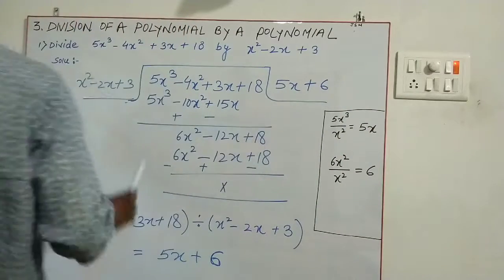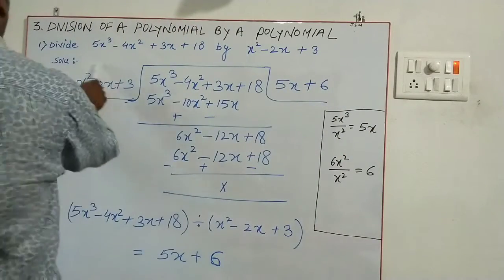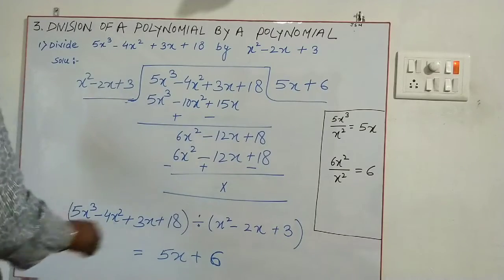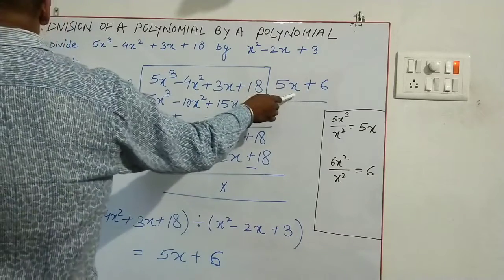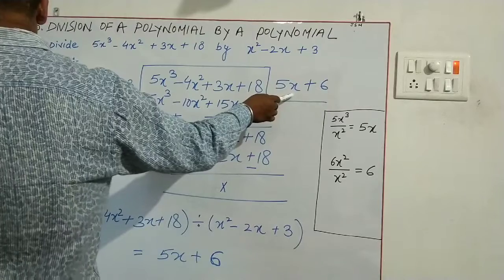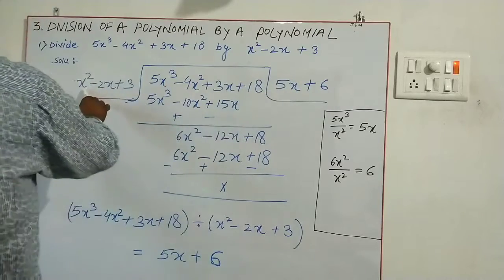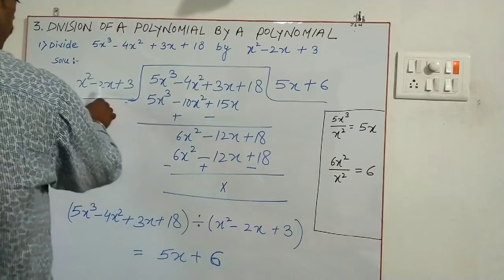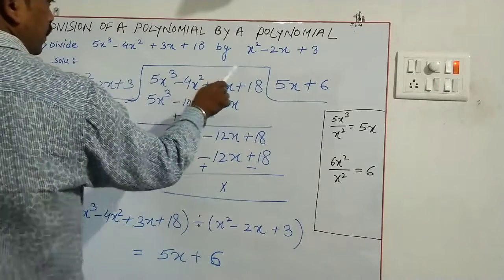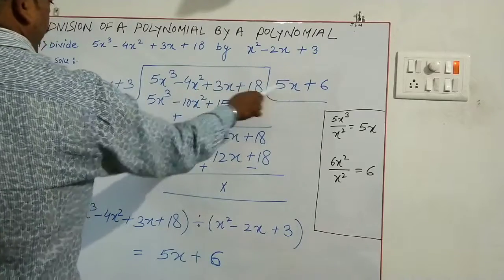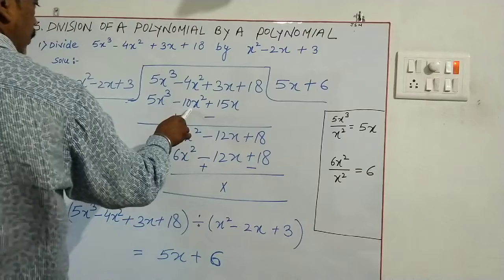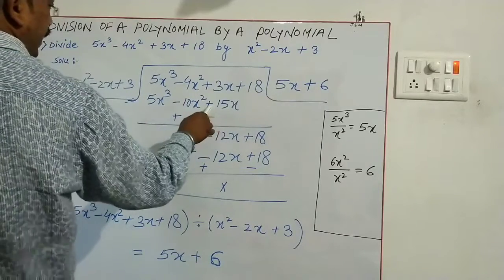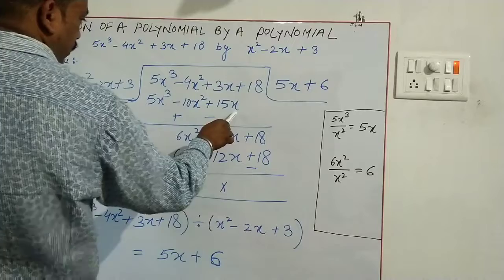Clear? Now multiply all the terms of the divisor by the first term of the quotient. So x square into 5x is 5x cube, minus 2x into 5x is minus 10x square, plus 3 into 5x is plus 15x.